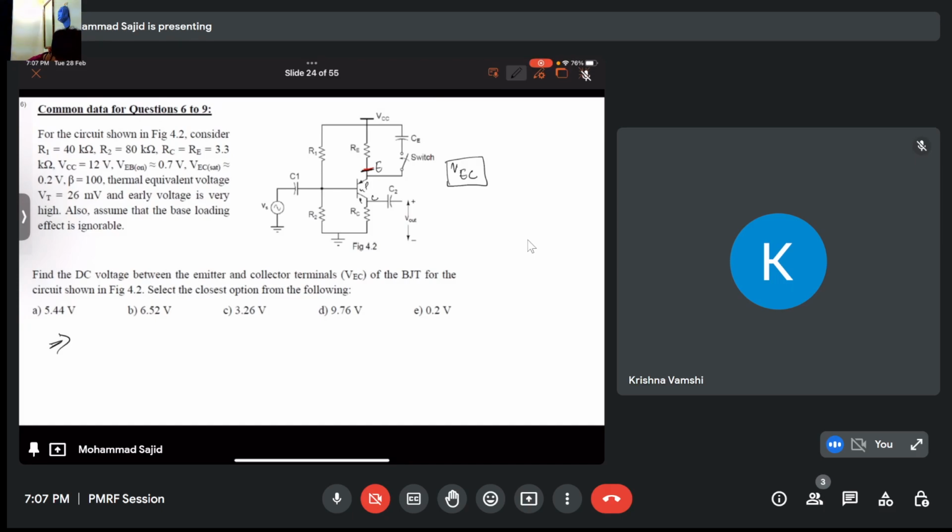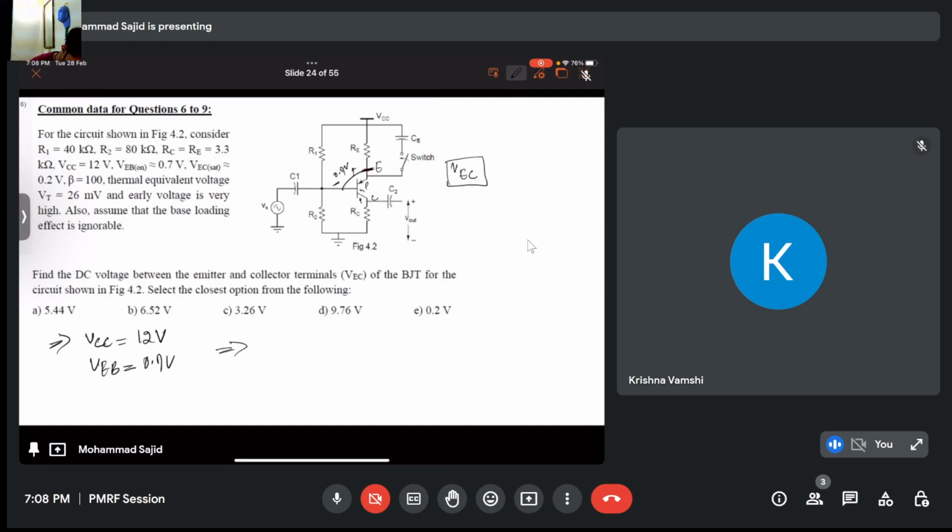Let me write few values which are given to us. VCC is at 12 volt, right? VEB is at 0.7 volt. Since R1 and R2 are given to us, we can find VB.